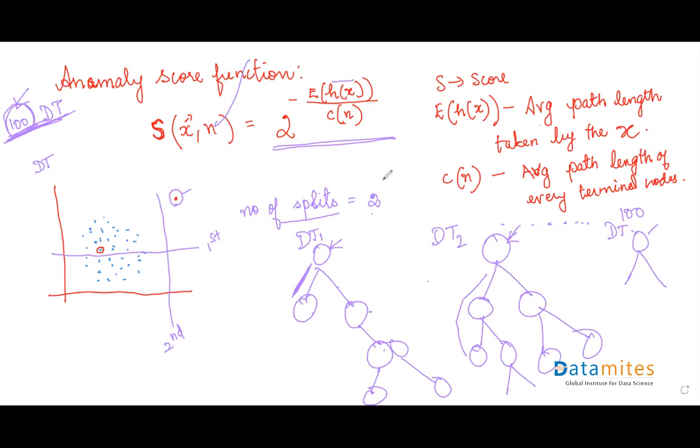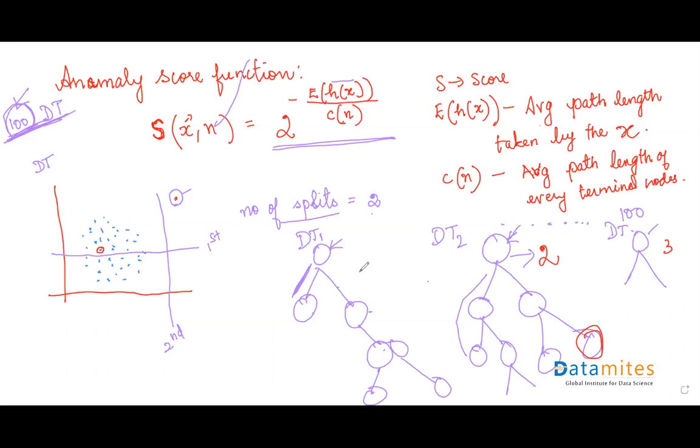Okay, so for the first decision tree, for this particular data point, the number of splits was 2. And let's say here the number of splits for isolating this data point, I'm referring to the outlier, requires 2 splits. Similarly here, let us say it requires 2 or 3 splits.